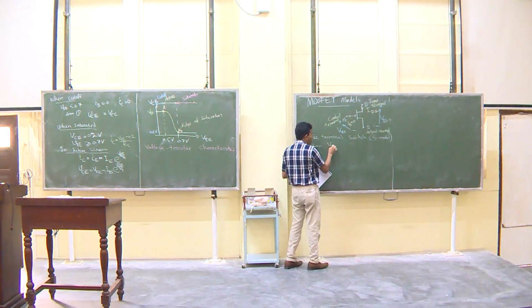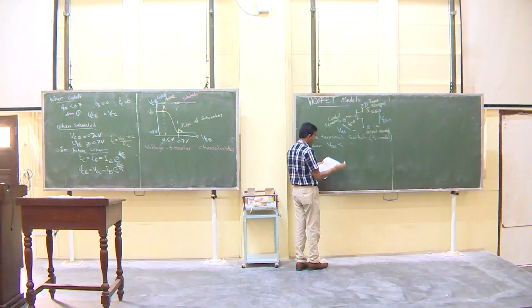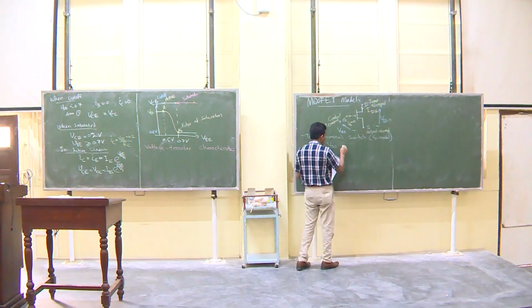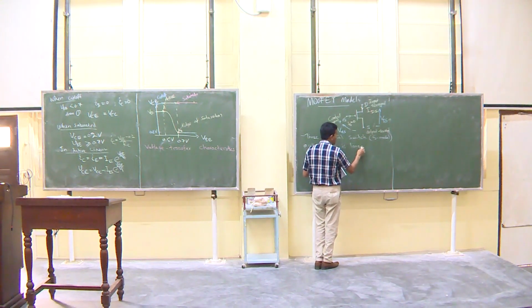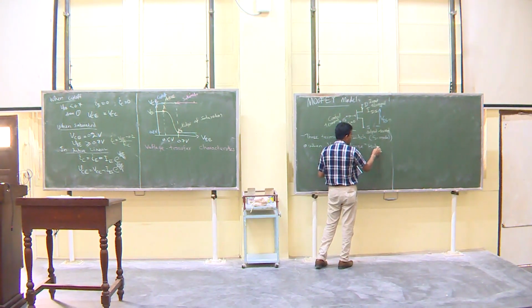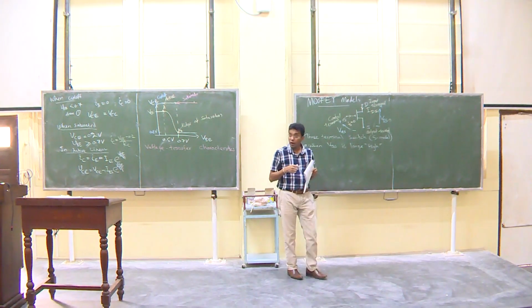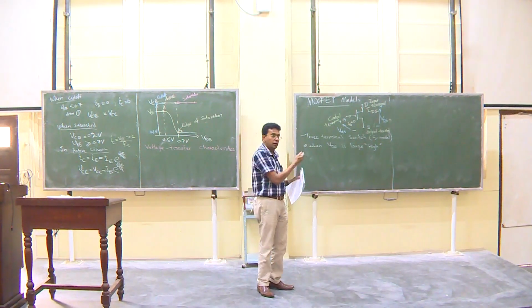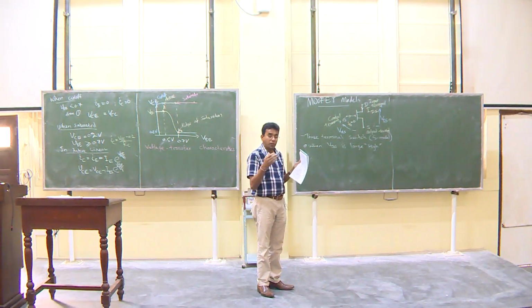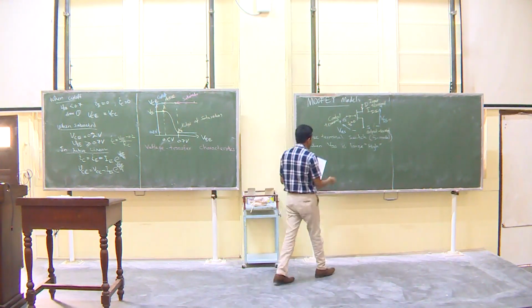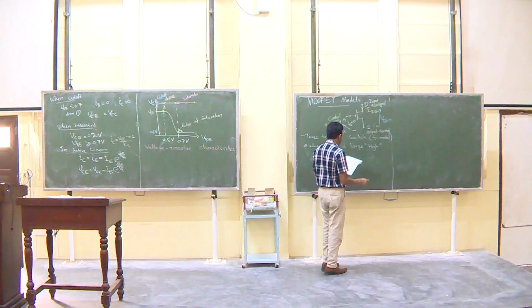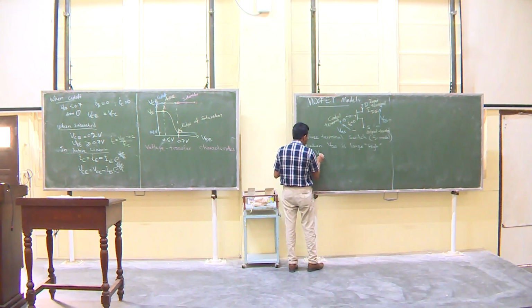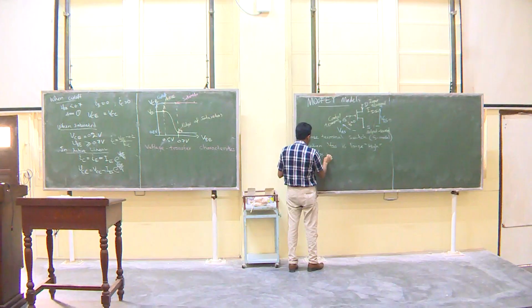When VGS is less than, let us call this large, high, as in the digital circuits, right. So, most of the digital circuits basically use MOSFETs. So, in digital gates, high means a voltage applied and low, right. So, high and low. So, when this is the case, VDS is very small.